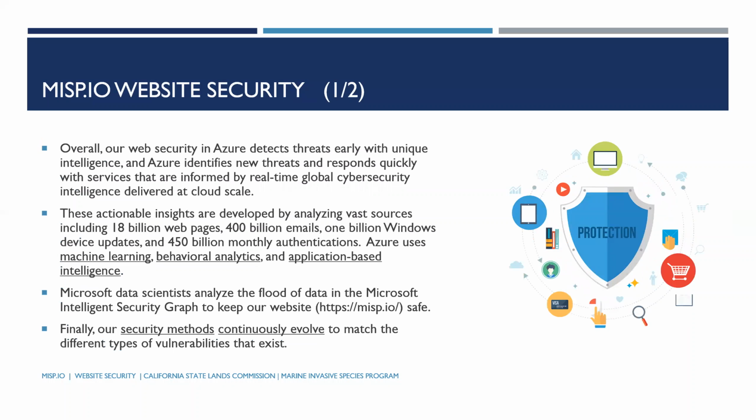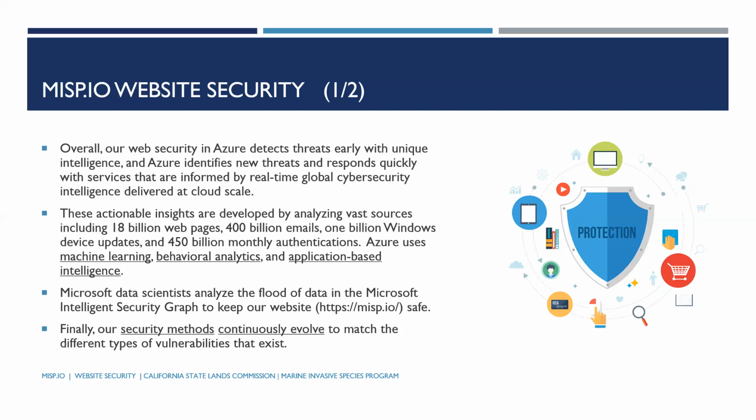Overall, our web security in Azure detects threats early with unique intelligence, and Azure identifies new threats and responds quickly with services that are informed by real-time global security intelligence delivered at cloud scale. These actionable insights are developed by analyzing vast sources, including 18 billion web pages, 400 billion emails, 1 billion Windows device updates, and 450 billion monthly authentications.